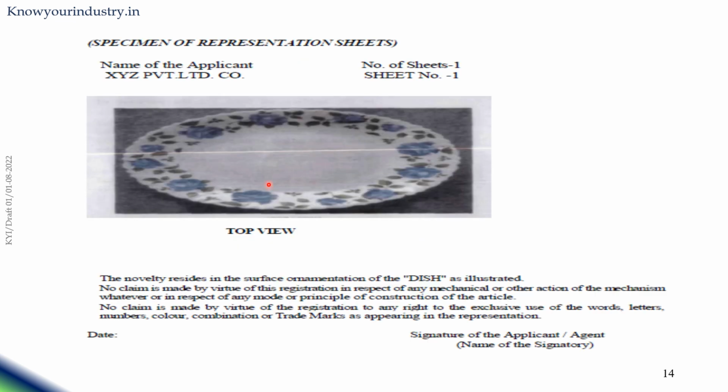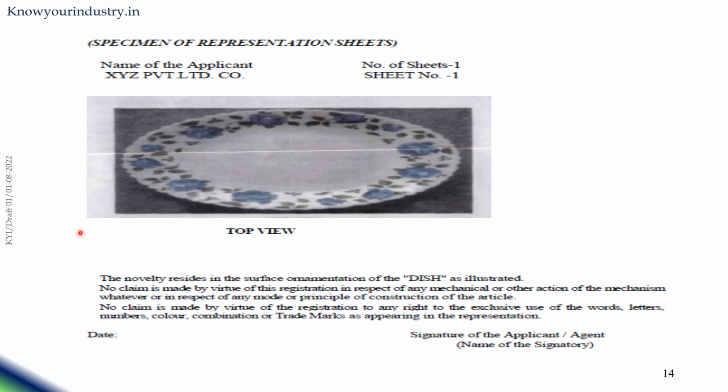The present slide shows the specimen of representation sheet. So this kind of representation sheet needs to be filed with the application for registering design. Right top corner of representation sheet contains the details of total number of sheets and the sheet number, present sheet number. Left top corner of the representation sheet has the details of name of the applicant.